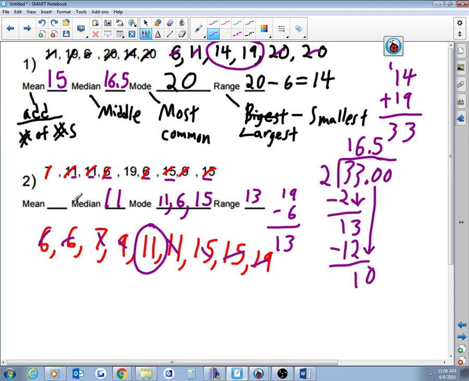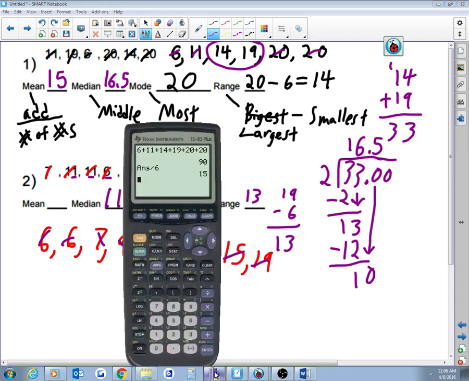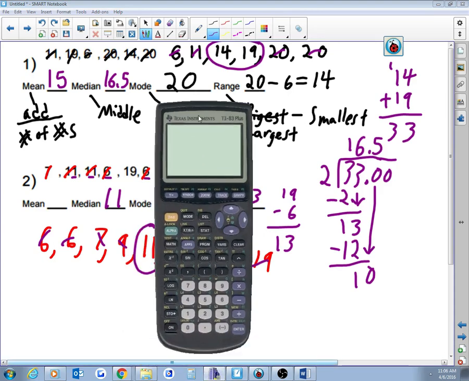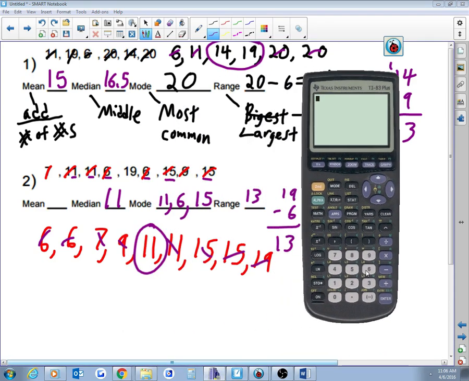Now for our mean, I'm going to speed things up with the calculator. So if I add them all up, I've got 6 plus 6 plus 7 plus 9 plus 11 plus 11 plus 15 plus 15 plus 19, and the sum is 99.